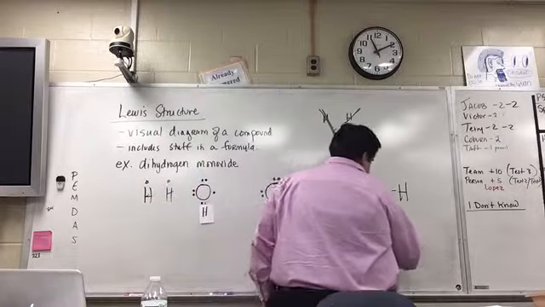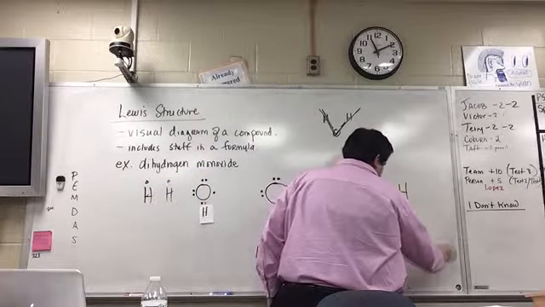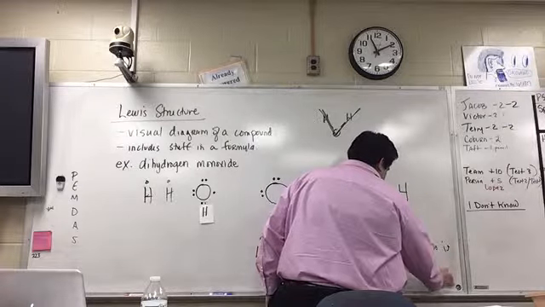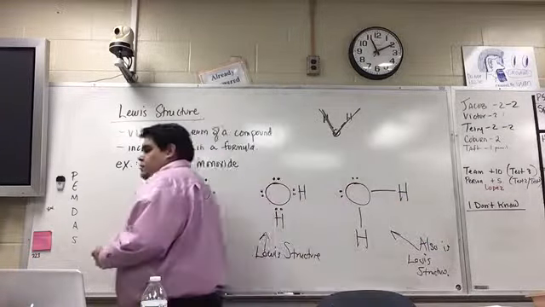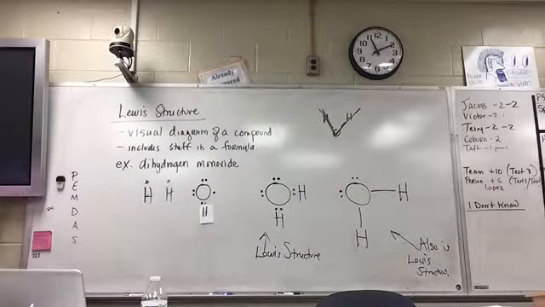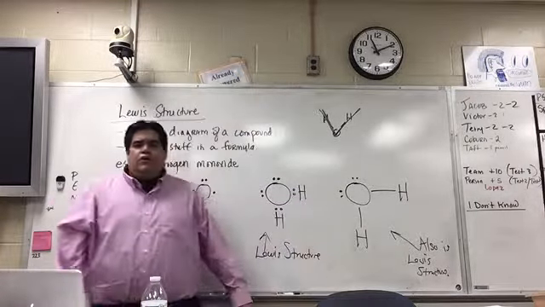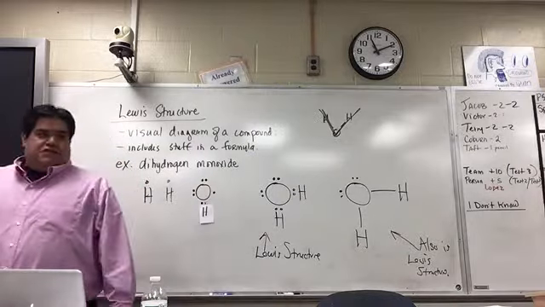This also is a Lewis structure. They could show you the paired electrons, the ones that have paired up, or they could represent those paired electrons with a line. So anytime you see a line, that lets you know you have two electrons.